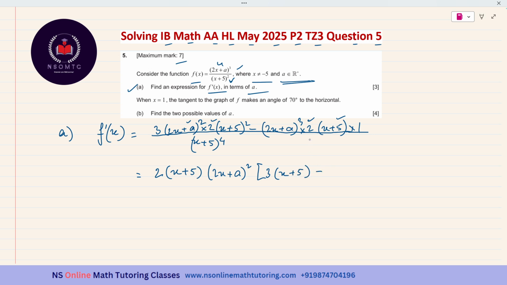And from the second term 2x plus a is remaining, over (x plus 5) raised to the power of 4.